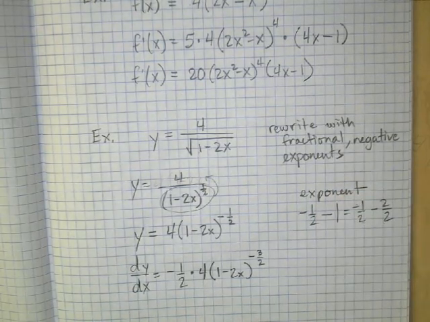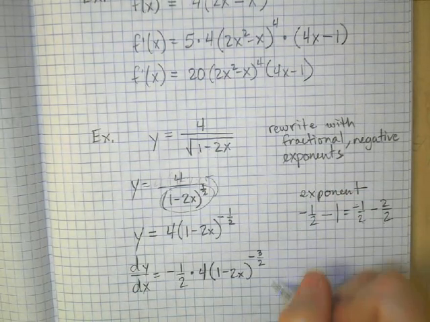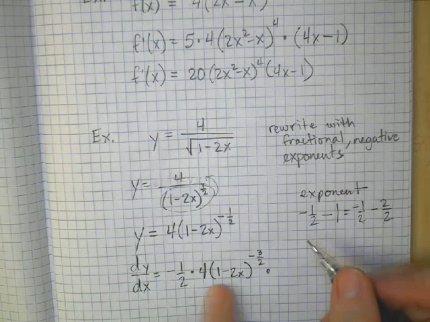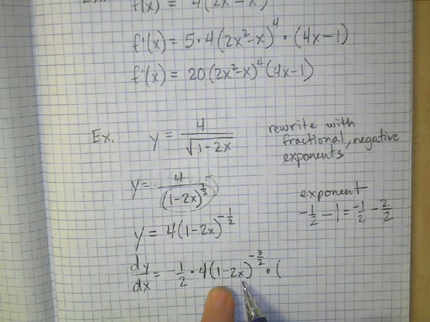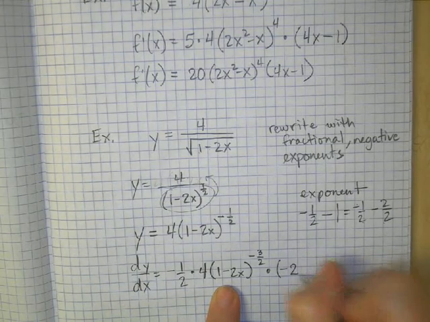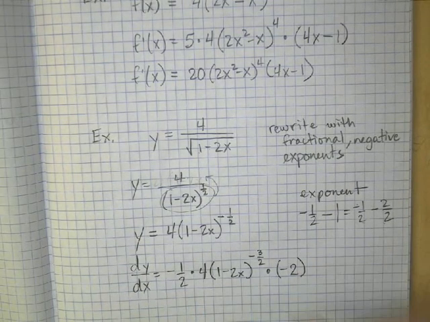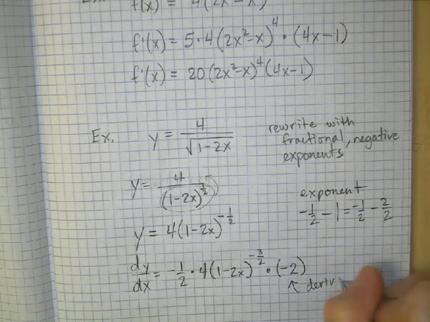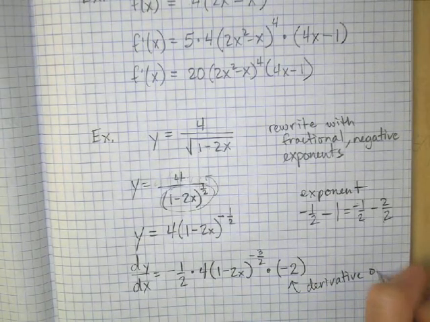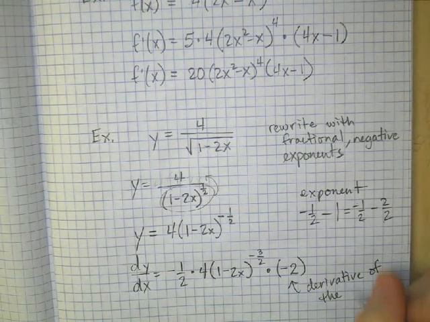Okay? And now I need to multiply that by the derivative of inside the parentheses. The derivative inside the parentheses is negative 2. Okay, so don't forget this is the derivative of the parentheses. Don't forget that.